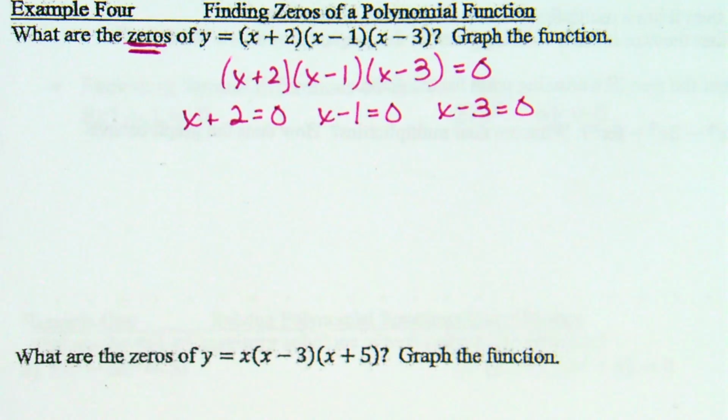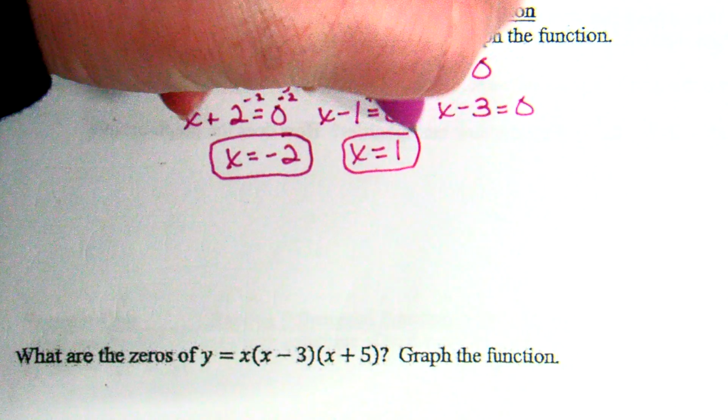And when I subtract 2, I get x equals negative 2. If it's x minus 1, we're going to add 1. We get x equals 1. If it's x minus 3, we're going to add 3, and we're going to get x equals 3.